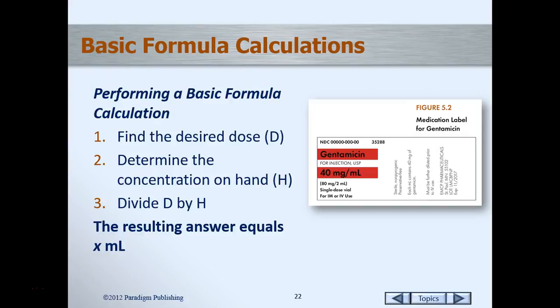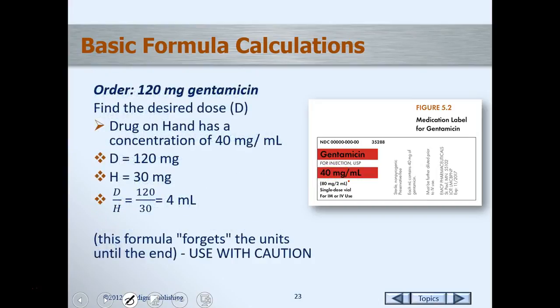Using this, the desired dose, D, would have to be given by the physician, and we determine the concentration on hand, in this case our 40, over 1 milliliter. So it would be whatever the order is divided by the 40 gives us our answer.